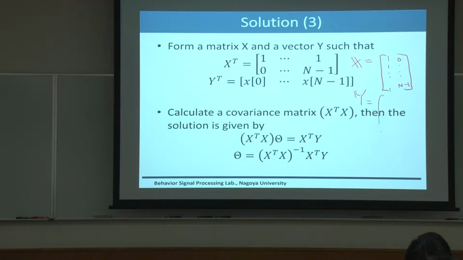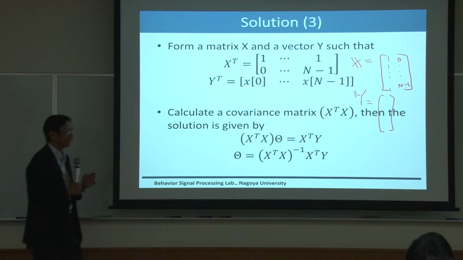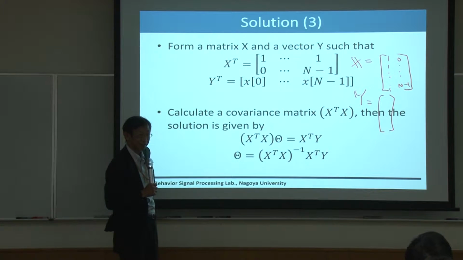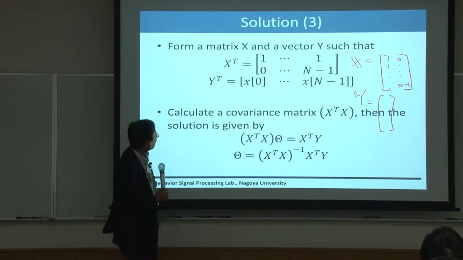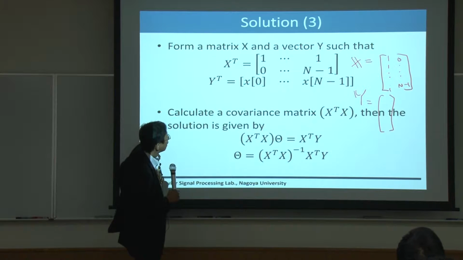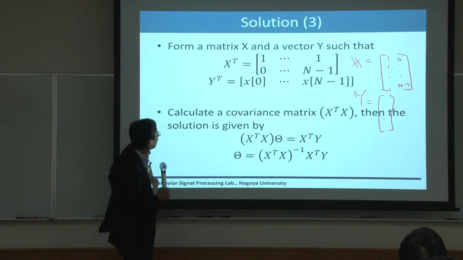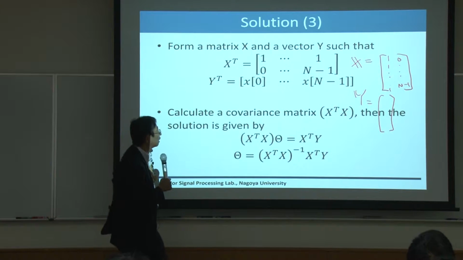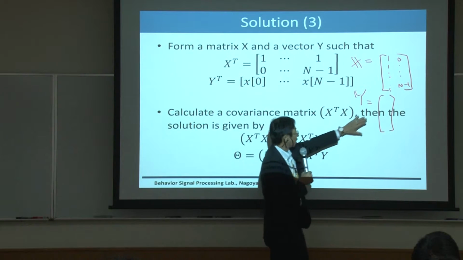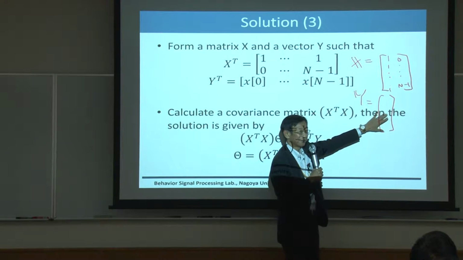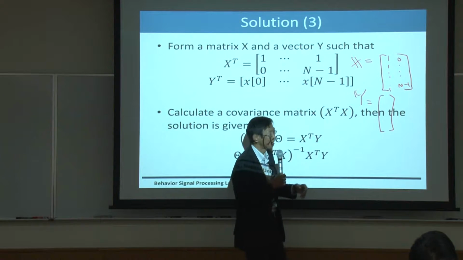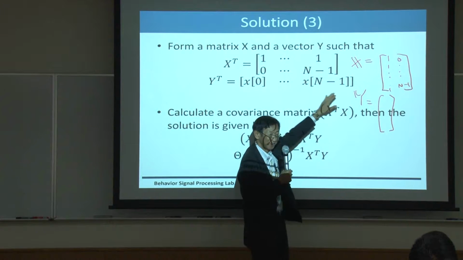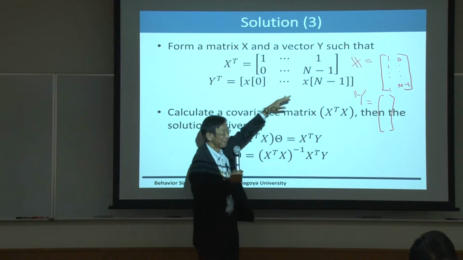is like here. In order to save space, Y transpose is actually a column vector. It is very spatially efficient to write this way.